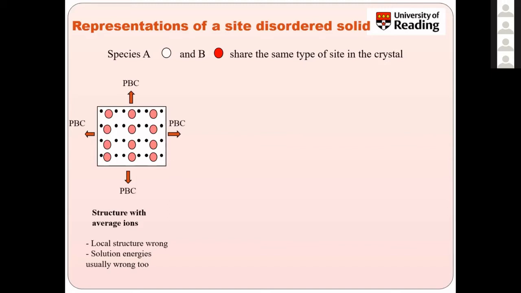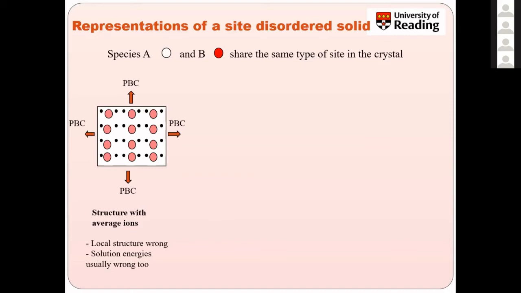So if you are mixing these ions that are white with these ones which are red, A and B, you can define a kind of pink ion, and then you treat your solid with normal periodicity. Now each of the ions is an average of A and B, and you can apply the normal periodic boundary conditions that you would normally do.